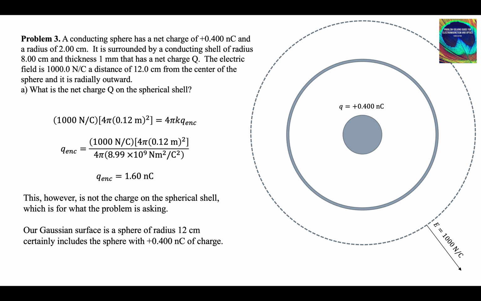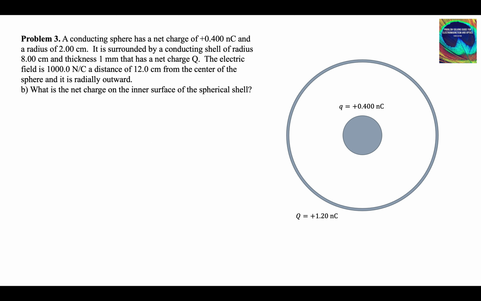A Gaussian surface includes both the shell and the solid sphere. We know the solid sphere has 0.4, so the shell must be 1.2. 1.2 nanocoulombs plus 0.4 nanocoulombs is 1.6 nanocoulombs. The charge on the spherical shell is plus 1.2 nanocoulombs. There it is.